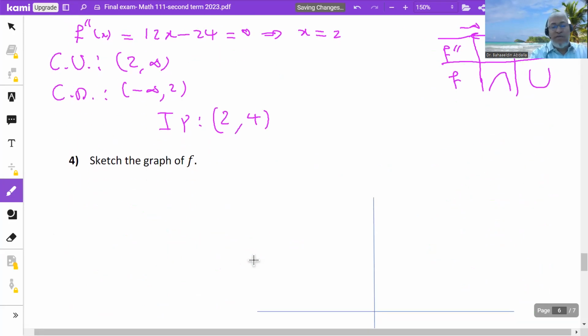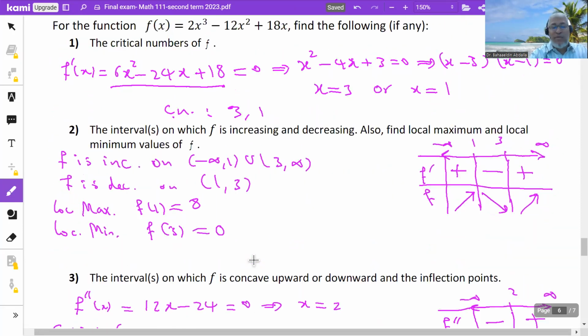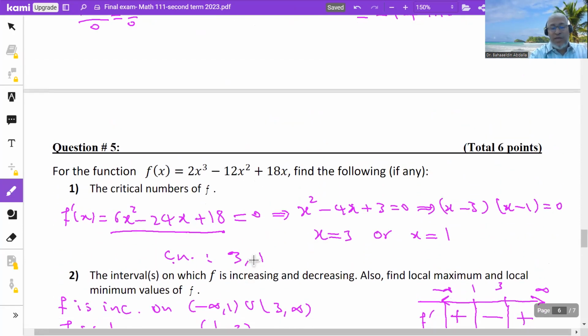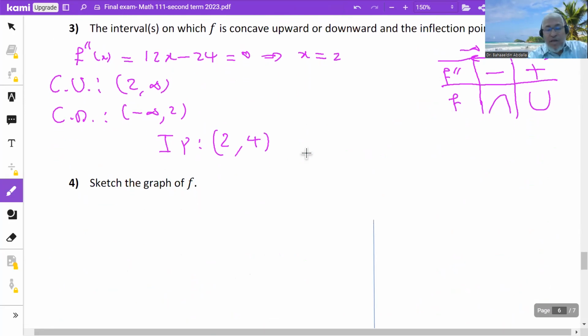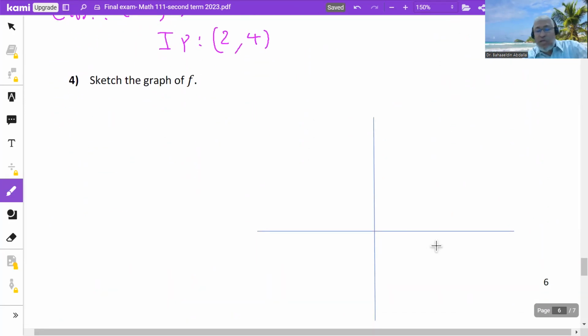Sketch the graph of f. To sketch the graph, the most important things are the points I found. The local maximum: (1, 8) is a local maximum. That's very important. So this is 1, 1, 2, 3, 4, 5, 6, 7, 8.